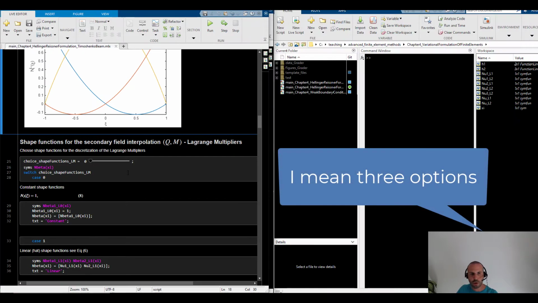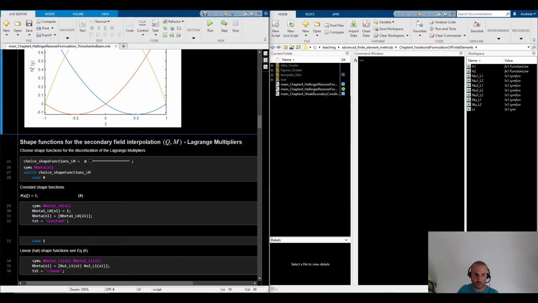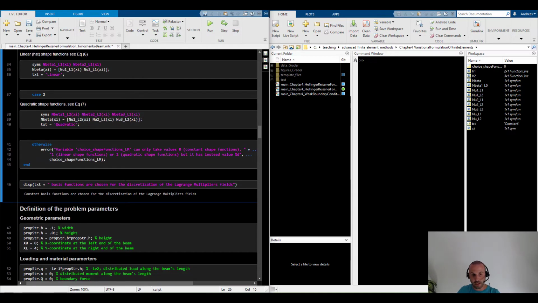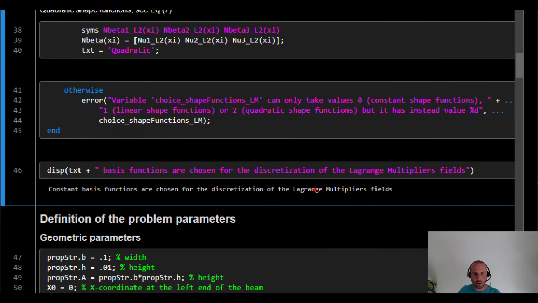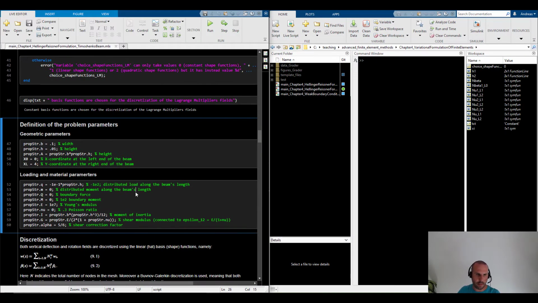So we have these options. Let's start with the constant ones, the 0, so I can run this section of the script and obtain the discretization that I'm going to use later for the Lagrange multiplier fields, which are again the transverse shear forces and the bending moments.